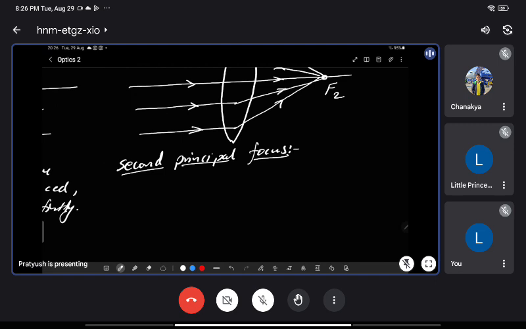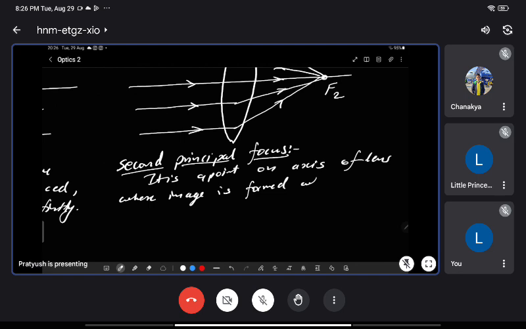The second principle focus, again, it is a point on axis of lens where image is formed when object is at infinity.